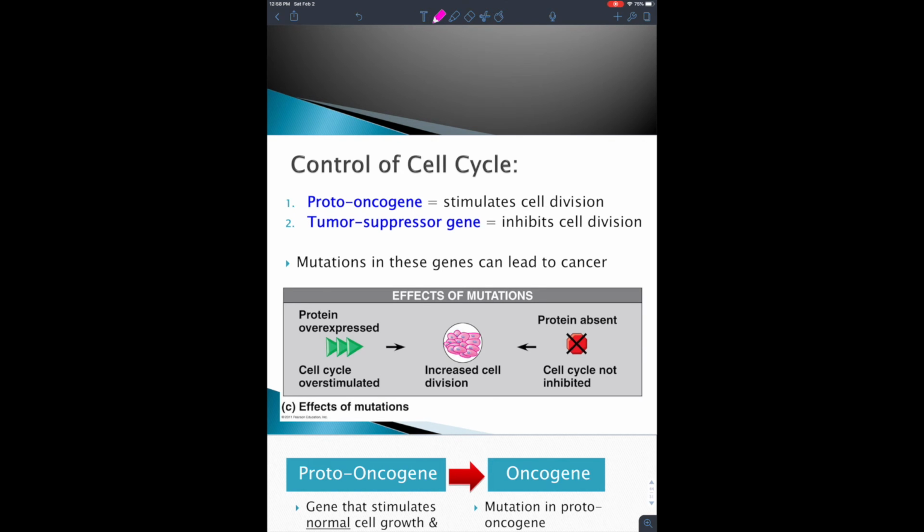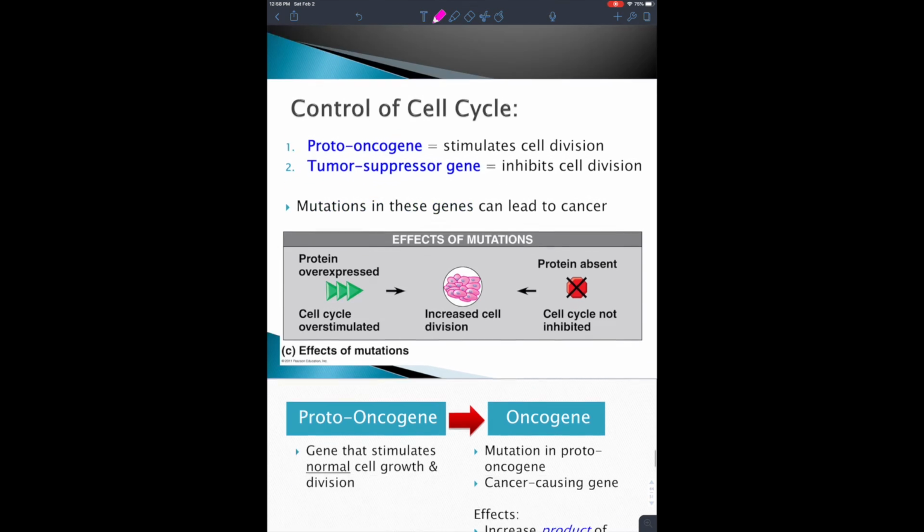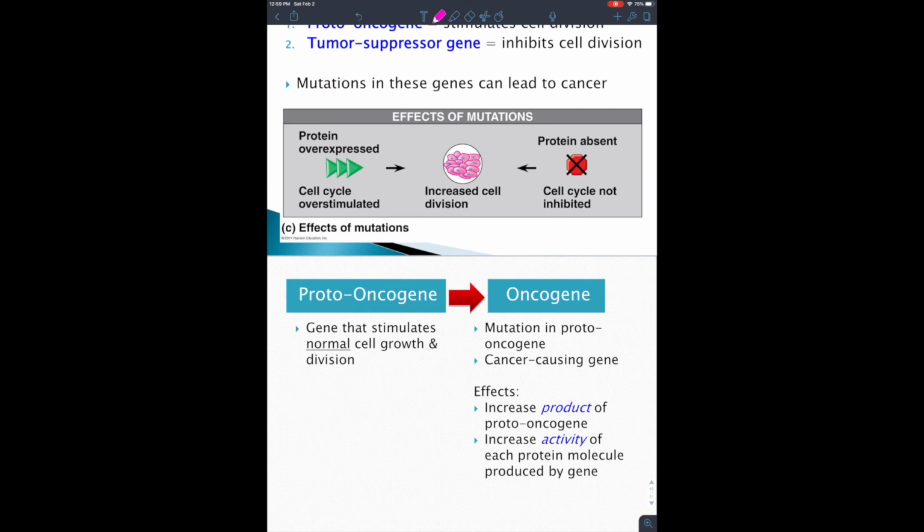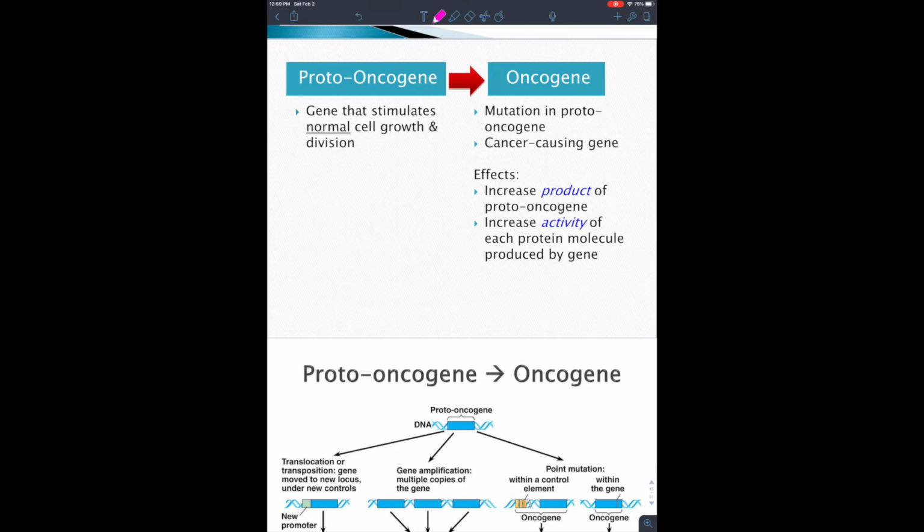Now, when a mutation occurs in these genes and I overexpress them, I'm going to have too much cell division, and that's what leads to cancer. It's going to keep going, and nothing is there to put it in check and stop it. Proto-oncogenes are genes that stimulate normal cell growth and division.